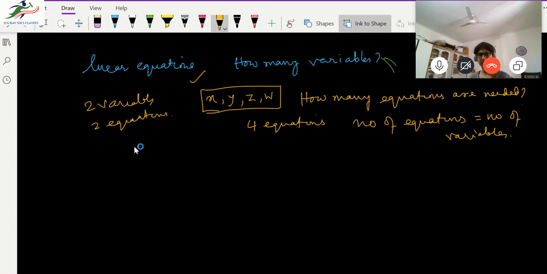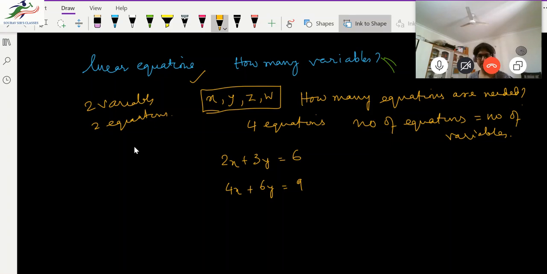What if I have the equations 2x plus 3y is equal to 6 and 4x plus 6y is equal to 9. Will I have a single solution here? No, zero solution. This is a parallel line. Correct.